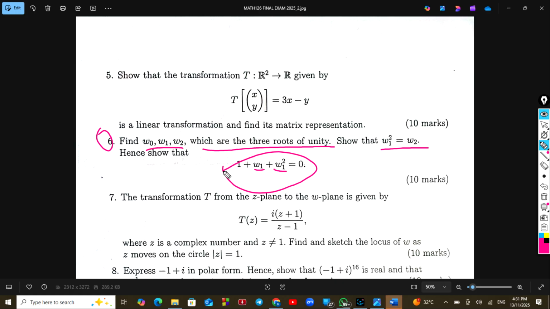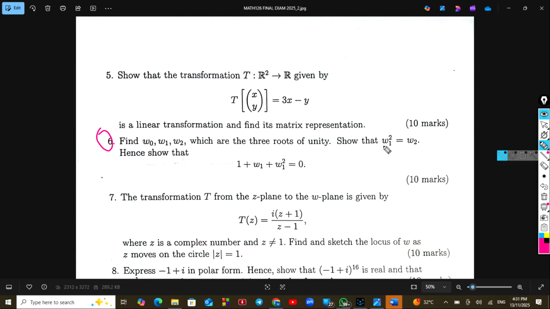Okay, so this is the question we will tackle in this tutorial. Let me note something down.